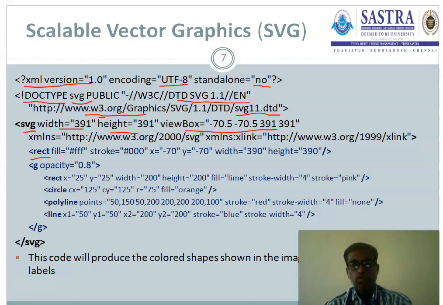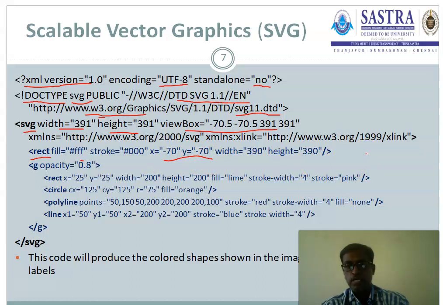Stroke, we can provide some attributes, x, y coordinates where we want to display the rectangle. At the x, y coordinates, what is the width of the rectangle, height of the rectangle. Generally, in order to draw a rectangle, 4 parameters are needed. Starting point, x, y coordinates, and then width, height.